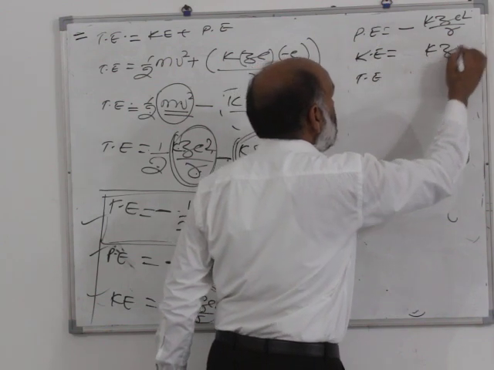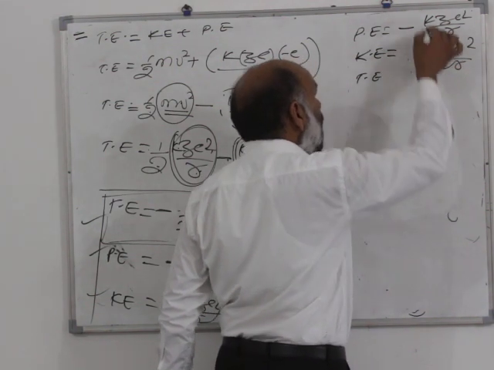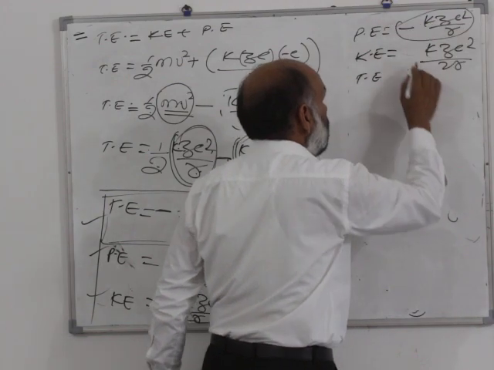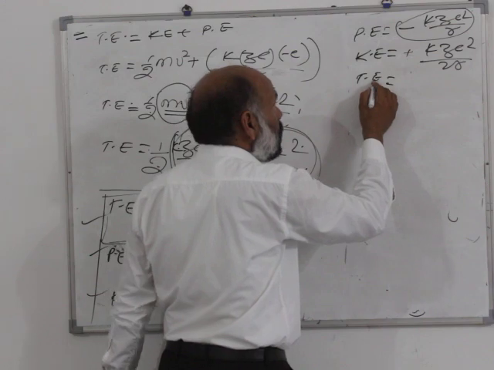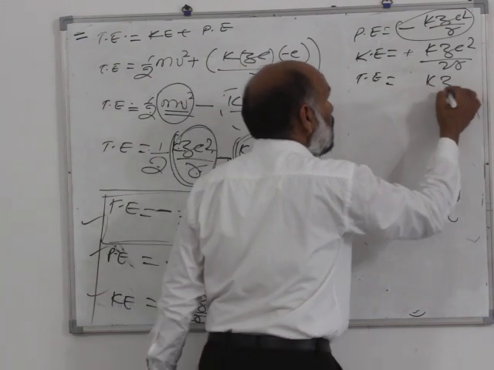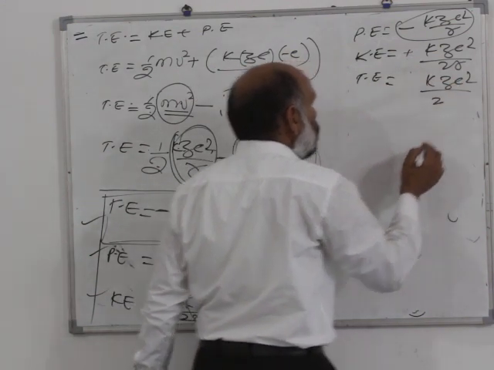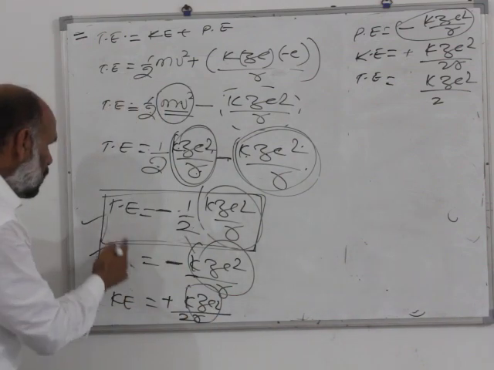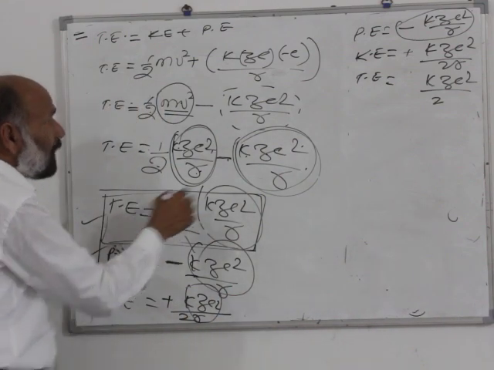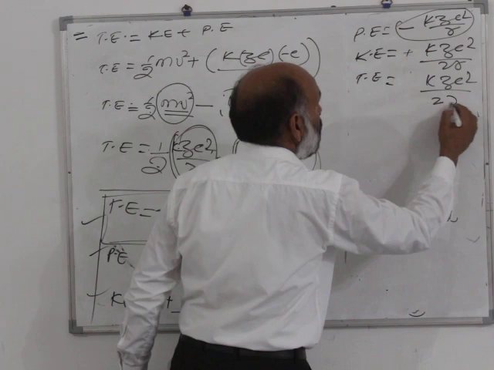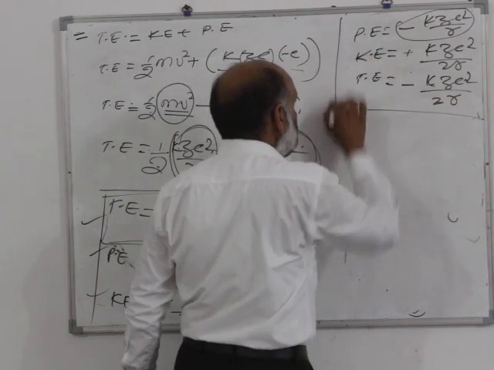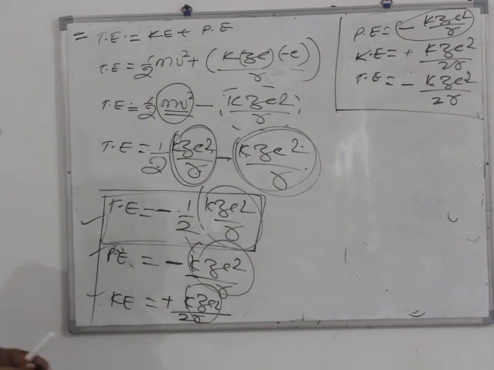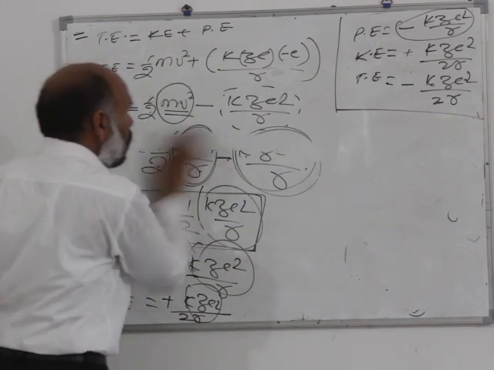Now kinetic energy is k z square by 2r, half of this, but in positive. Total energy equals kinetic energy, but in negative: k z square by 2r, minus. So these are the expressions. Let us calculate the formula for total energy.